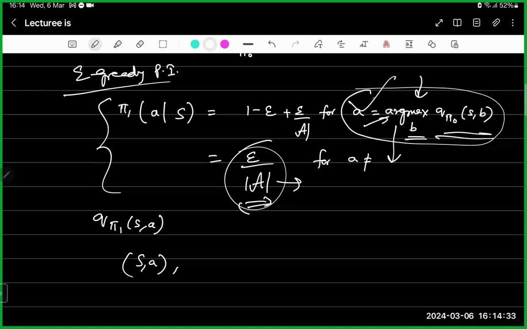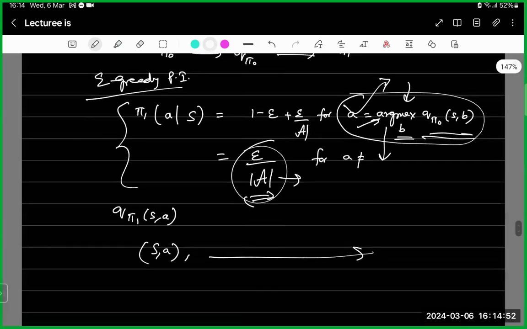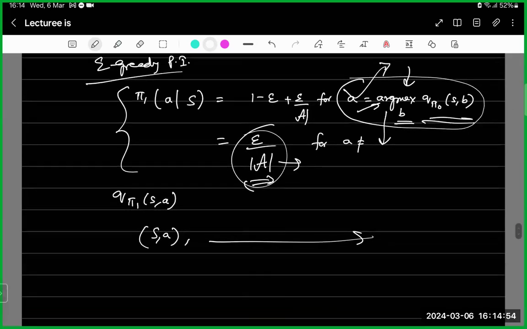Now we are saying play this action with probability 1 minus epsilon, and play other actions also with probability epsilon. Because if you make it deterministic and say you always play action A, you won't get this exploration behavior in the evaluation phase. So this is a trick which we are playing, and now the question is, you had some policy pi naught, right?